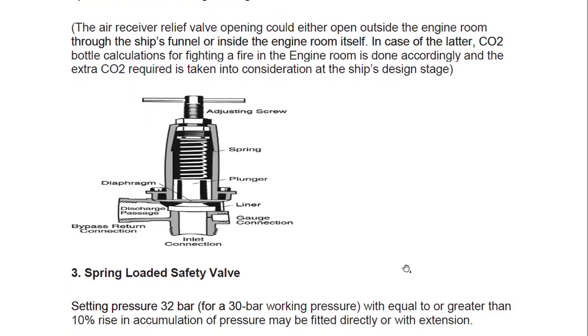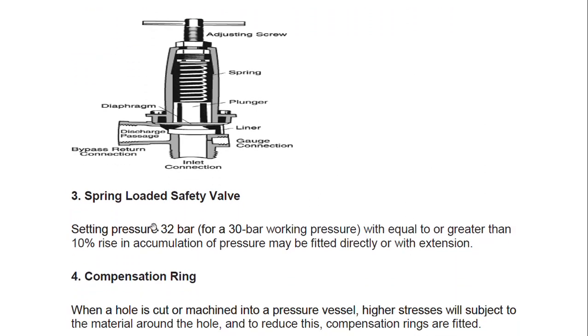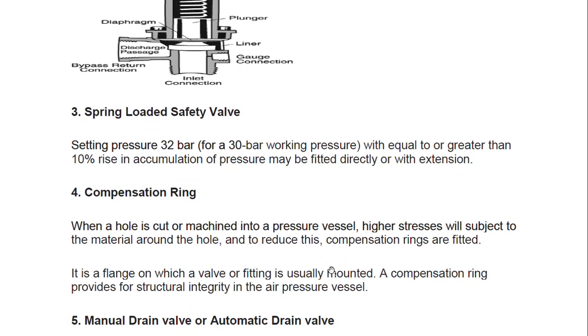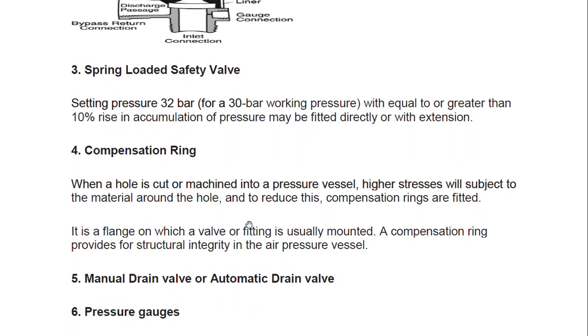For the spring loaded safety valve, the setting pressure would be 32 bar for a 30 bar working pressure, with an accumulation of pressure equal to or greater than 10%, and it may be fitted directly or with extension. Okay, there are compensation rings when a hole is cut, as I was talking about why the manhole door is elliptical in shape, not circular or square or rectangular.